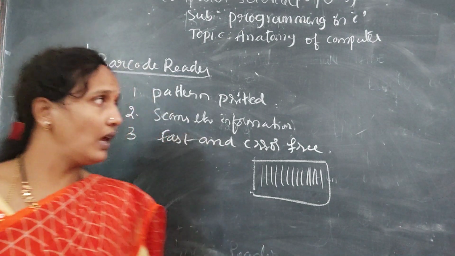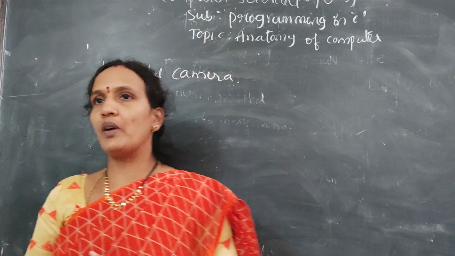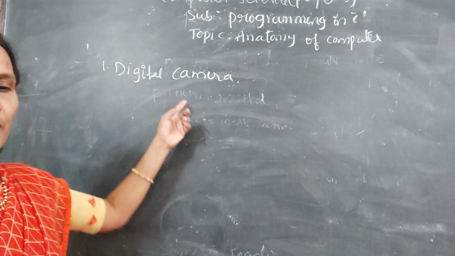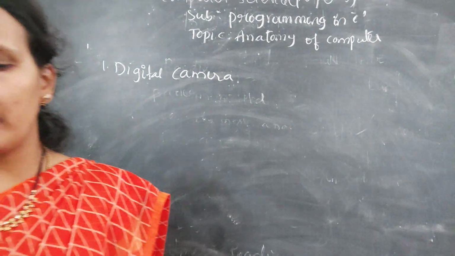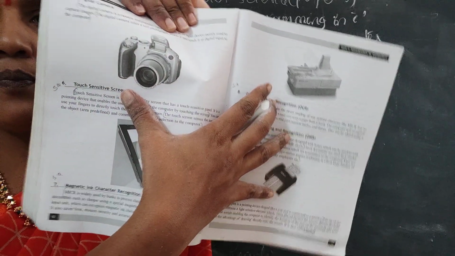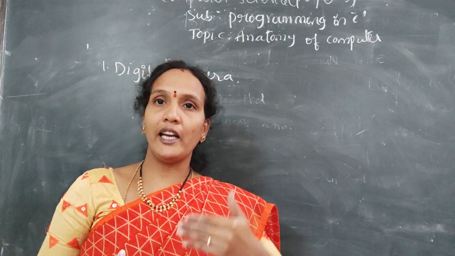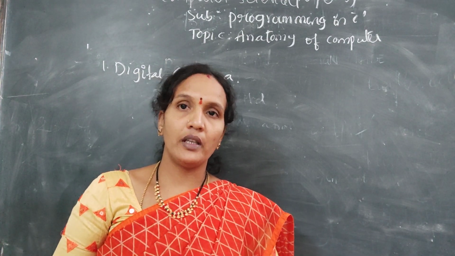Now the next input device is a digital camera. So a digital camera is like this. You can see the digital camera here. So actually, what input will it supply to the system? Images.